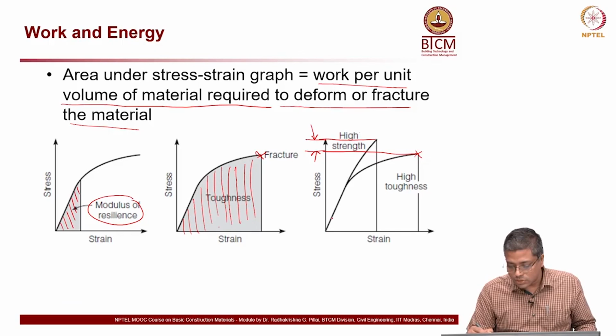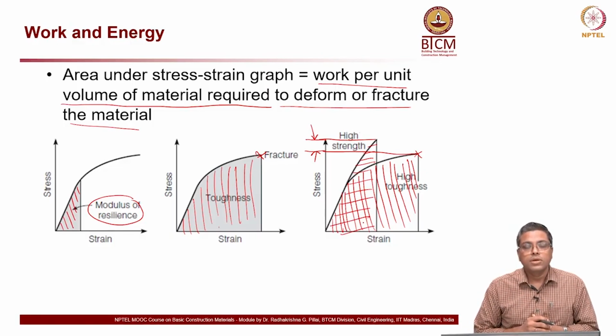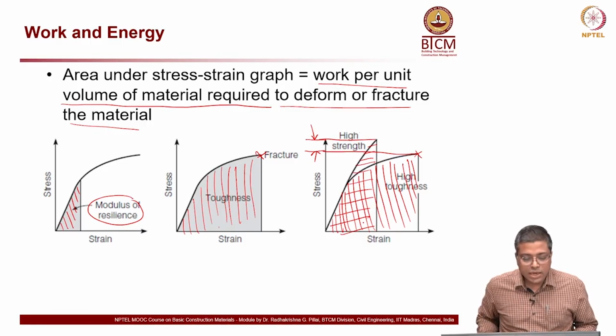So in this case, as you see, low strength but high toughness. The area under this curve is more as compared to the area under the first curve here. Okay. So, we look at all these aspects when we design structures to resist earthquake or wind or impact load, etc. Toughness is a very important parameter in addition to strength.